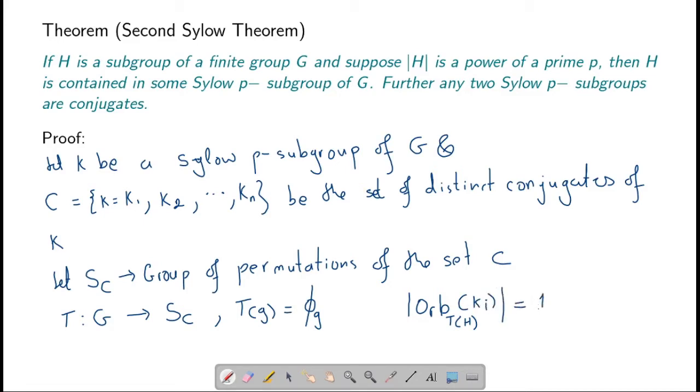This is what we are going to aim at. This is what we had proved in the lemma, that this happens if and only if H is a subgroup of Ki. So somehow we need to show that there is at least one orbit such that the number of elements in this orbit is 1.